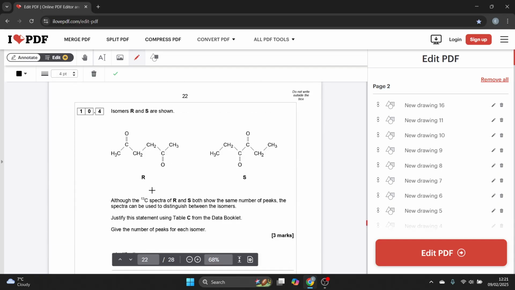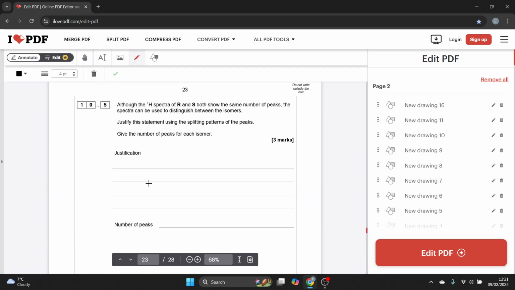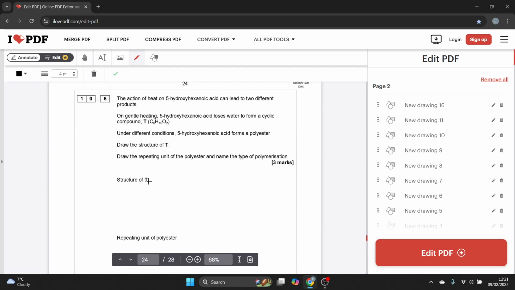10.3 I can't do. 10.4 can't do. 10.5 can't do. 10.6. Maybe I can do that one. It says 5-hydroxyhexanoic acid loses water to form a second compound.